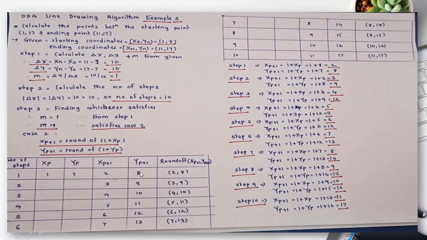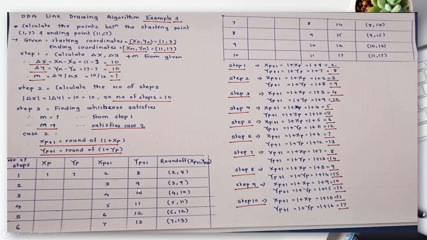Now this 2 and 8 will act as the initial point xp and yp for the second step. So the second step will be xp plus 1 is equal to 1 plus xp. So 1 plus 2, the 2 value retrieved from the previous step, and then the result will be 3. Now yp plus 1 is equal to 1 plus yp is equal to 1 plus 8, where 8 is taken from the previous step, is equal to 9.